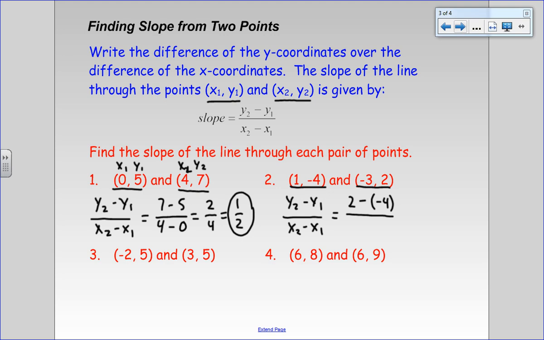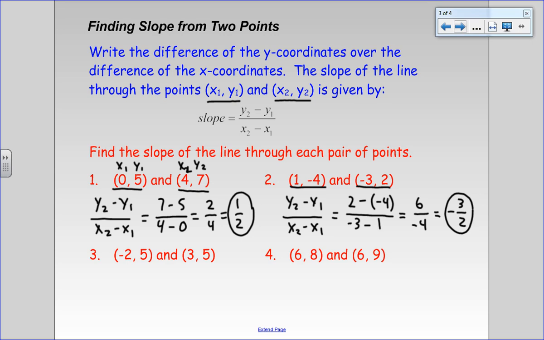In the denominator, we have x sub 2, which is negative 3, minus x sub 1, which is 1. Note that in the numerator, 2 minus negative 4 is equivalent to 2 plus 4, or 6. And then negative 3 minus 1 would be negative 4. Simplifying that fraction, we see that this line has a slope of negative 3 over 2.